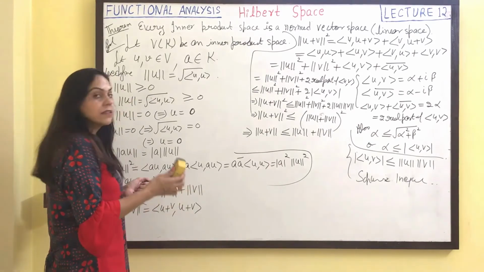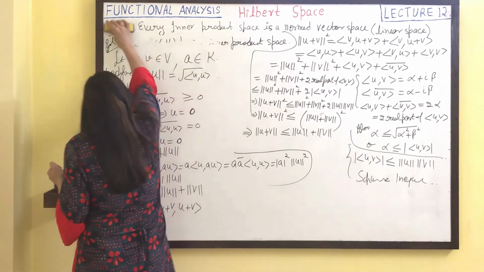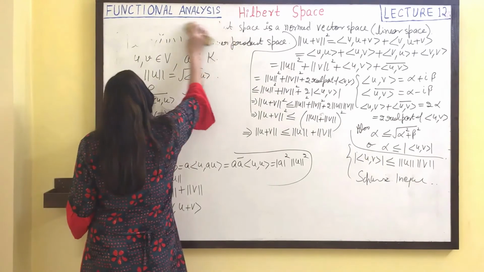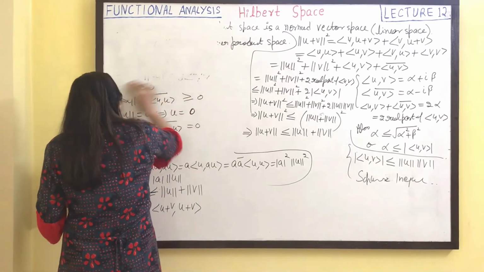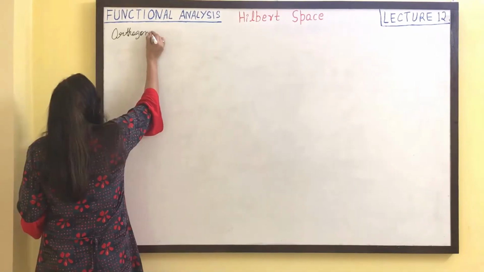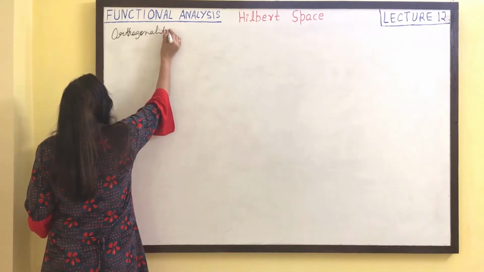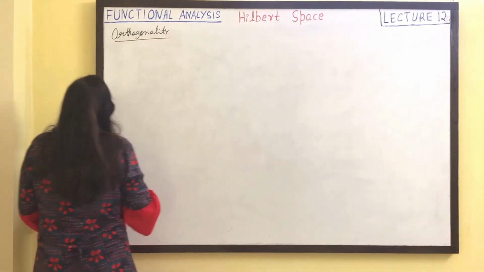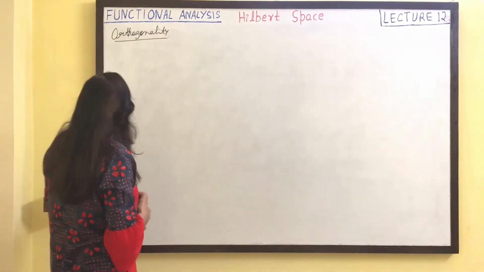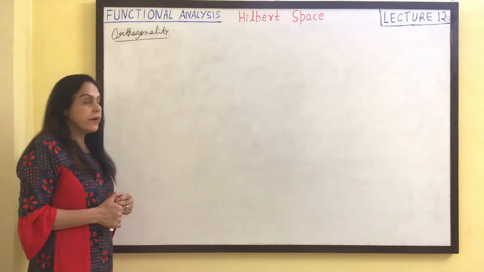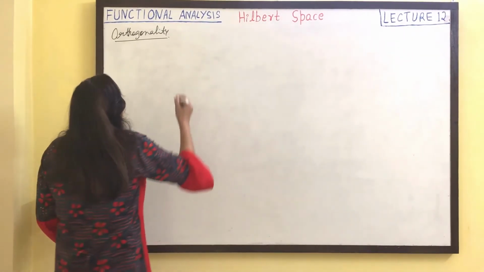Now let's come back to the orthogonality of any two vectors of a Hilbert space. Now we define orthogonality again.